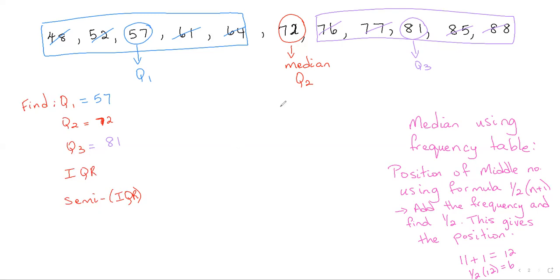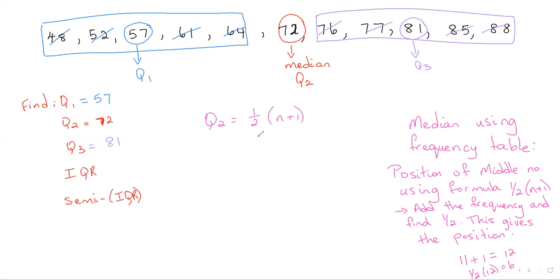Now it's the same to find your Q1, your Q2, and your Q3. So to find the Q2, if you're given a frequency table, we found out what was half of all of the numbers plus 1. So that's to find the position of it.